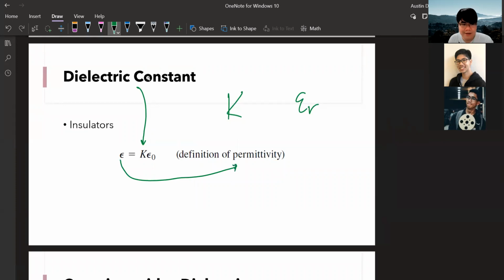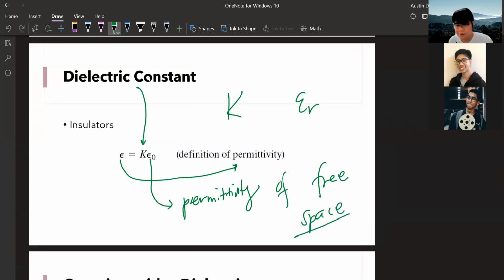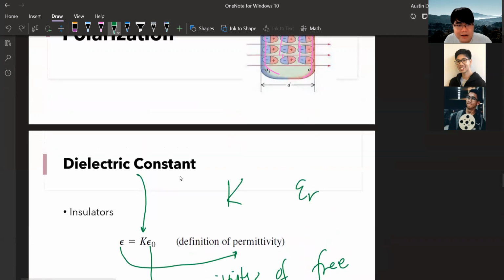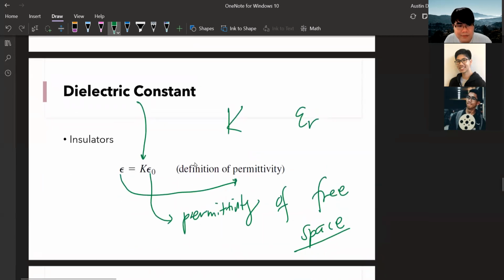Permittivity. And this is also permittivity of free space nga lang. Okay? So this is yung epsilon naught na ginagamit natin, permittivity of free space. So dielectric constant is dependent on the material, on the chemical properties of the material. Okay? Ayan.